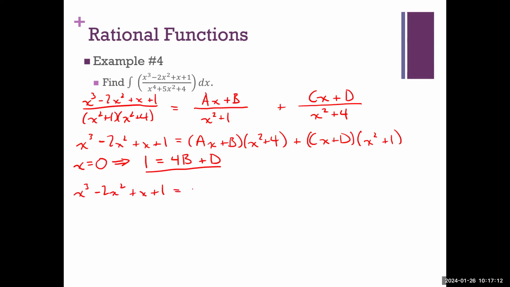So if I distribute this, I get ax cubed plus bx squared plus 4ax plus 4b plus cx cubed plus dx squared plus cx plus d. A lot of stuff.